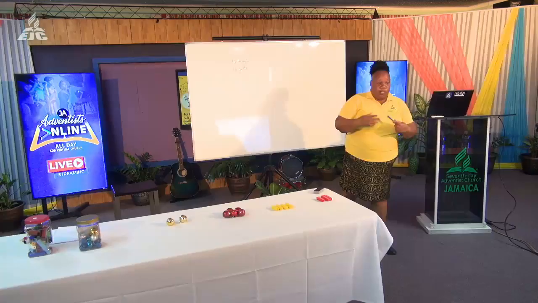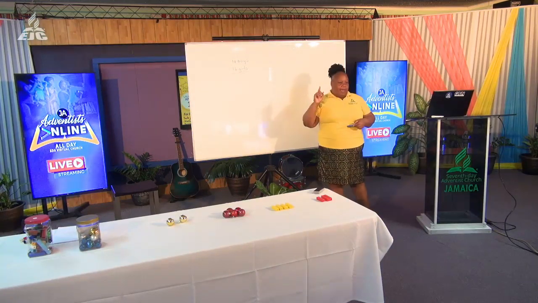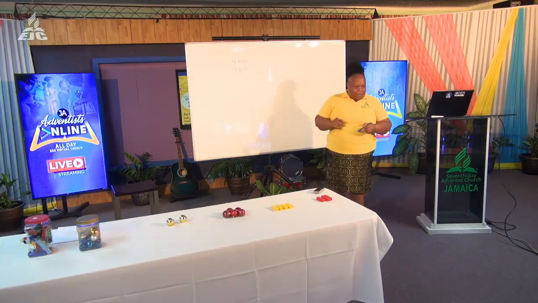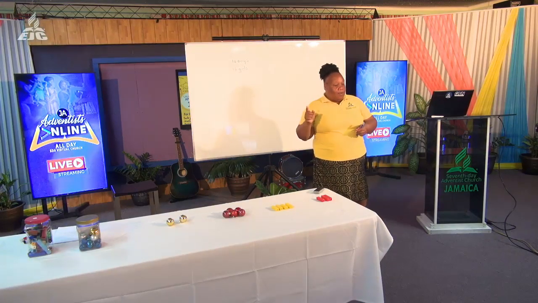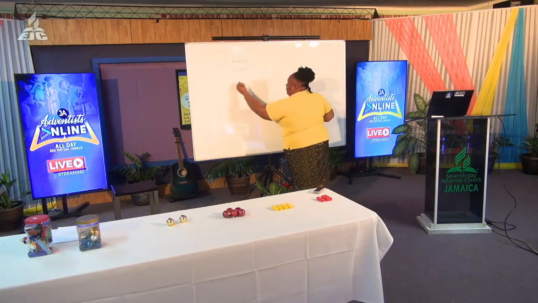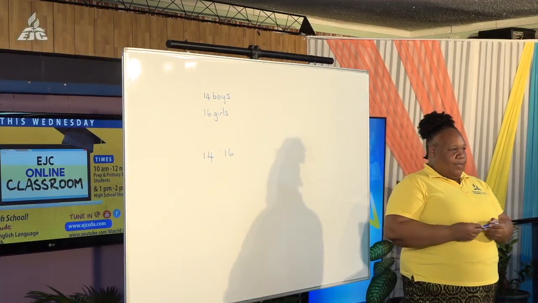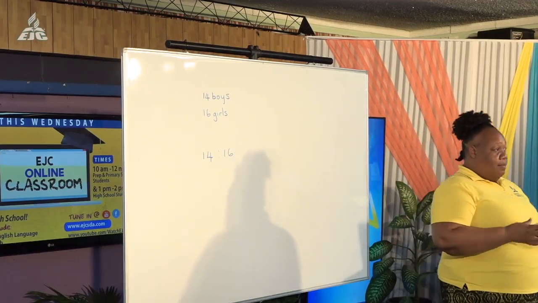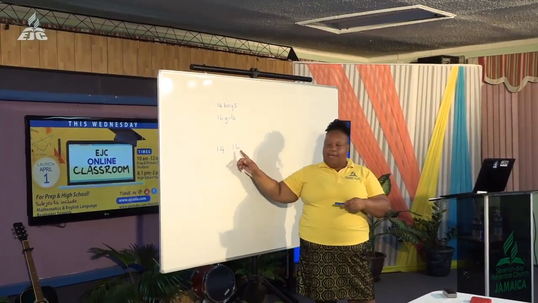Not just knowing your factors, but you have to know your highest common factors, or some will say greatest common factor. So we are writing, it said 14 boys, 14 to 16.